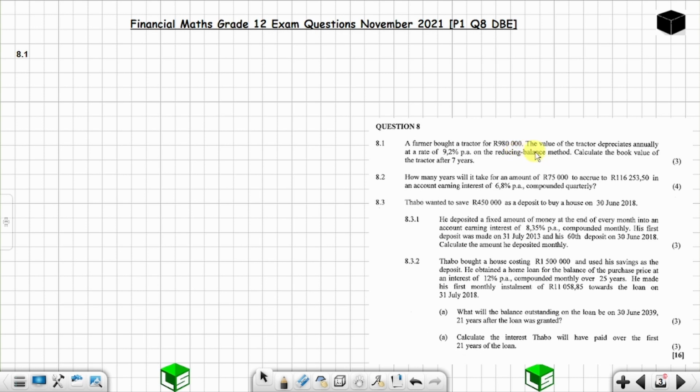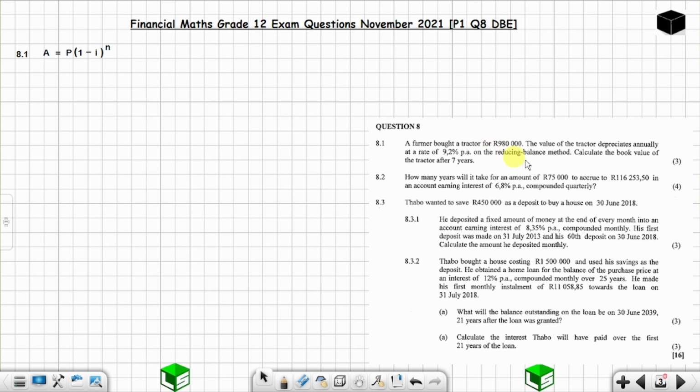You are going to use the compound decay formula. Instead of plus, you have minus, because you have depreciate and reducing balance method.